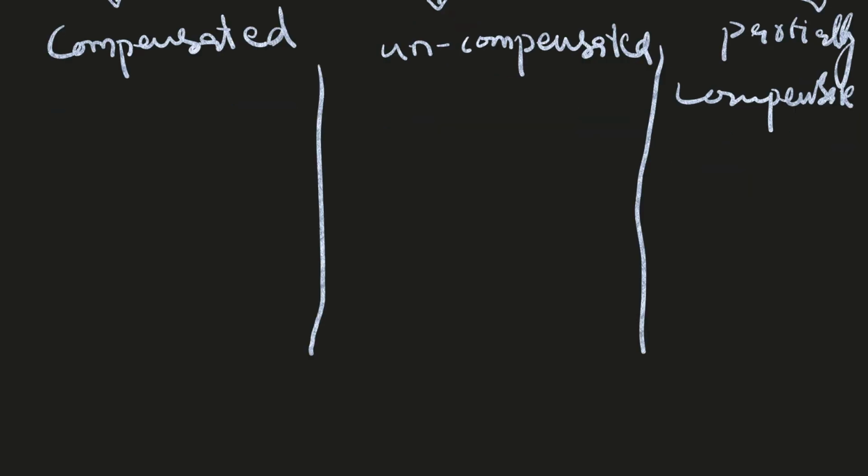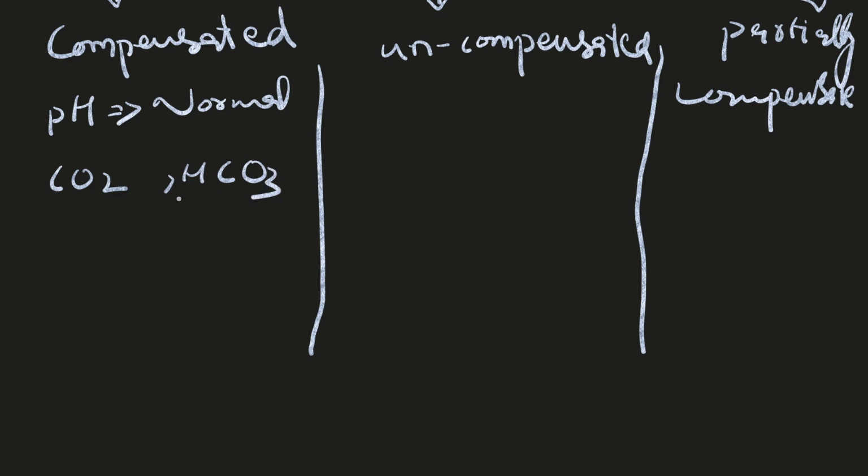Let me give you a quick idea about all these three so that you can understand these conditions a little better. If the pH gets disturbed, the body will start its defense mechanism to keep the pH again in the normal range. In a compensated state, the pH of the blood becomes normal, while CO2 and bicarbonate are both abnormal.